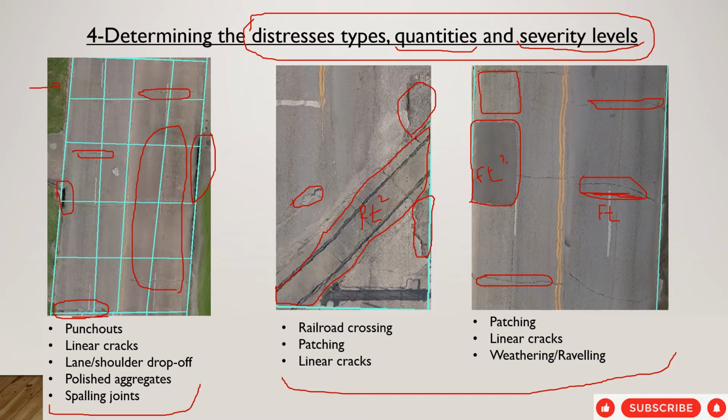The punch outs are measured in linear feet. Their severity depends on the width of this punch out. The lane or shoulder drop off is also measured by linear feet, and the severity by the depth of the drop of the shoulder of the road. The same applies for spalling joints. And finally, the polished aggregates are measured by square feet as an area.